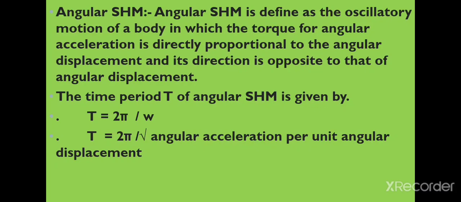The time period T of angular SHM is given by T is equal to 2 pi by omega, where omega squared is the angular acceleration per unit angular displacement. Therefore, period T is equal to 2 pi by square root of angular acceleration per unit angular displacement.